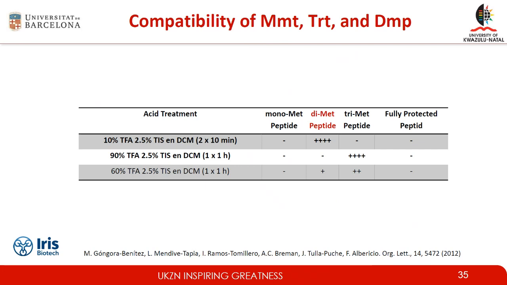And when we are using 60% TFA, we realize that we remove only two of them, partially. This means the DPM, the diphenyl methyl, needs 90% TFA, and with 10% TFA we are very safe because only MMT and trityl will be removed.